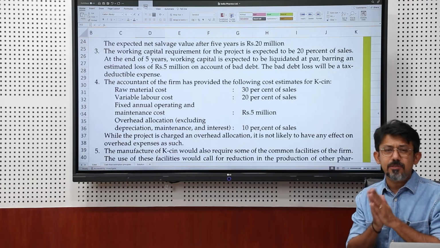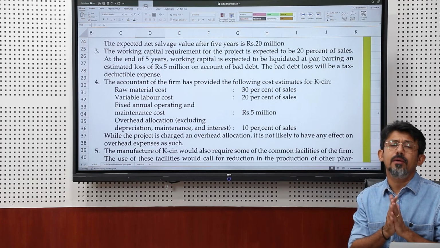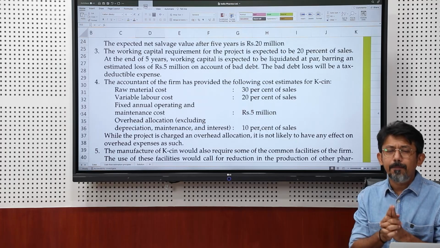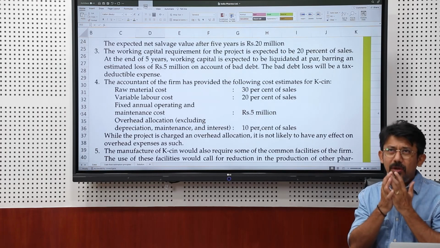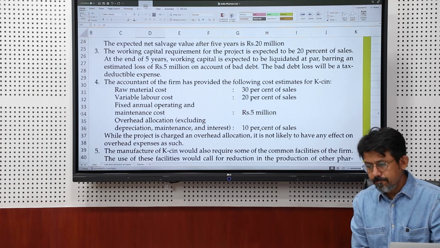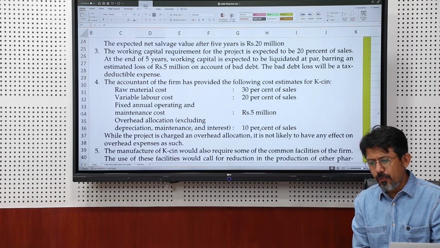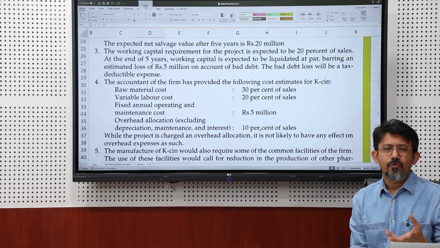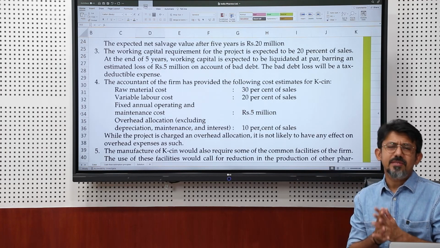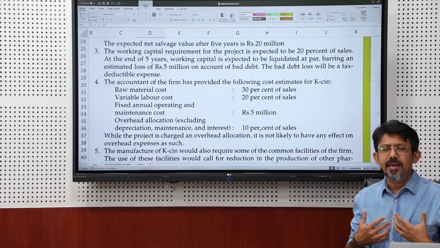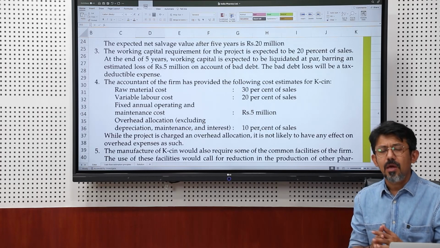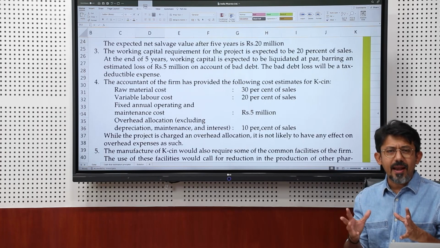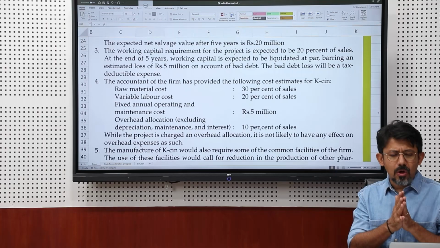So, overall these are expenses which are not relatable to a particular product. An example of an overhead expense is the rent that you pay for your factory premise. For example, if you are operating out of a rented premise, you pay rent for manufacturing all products.